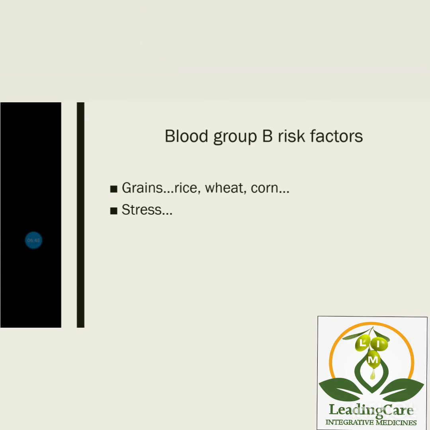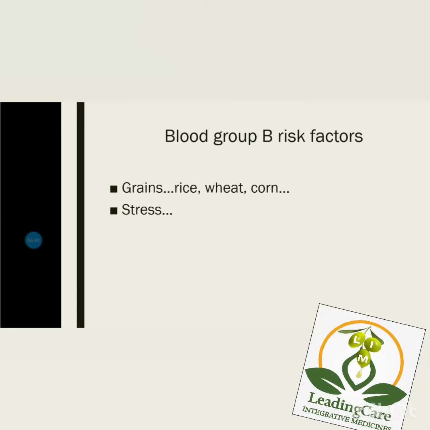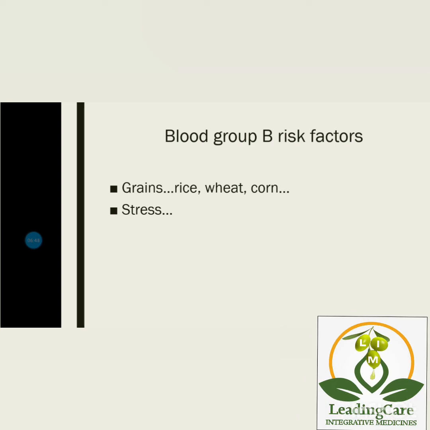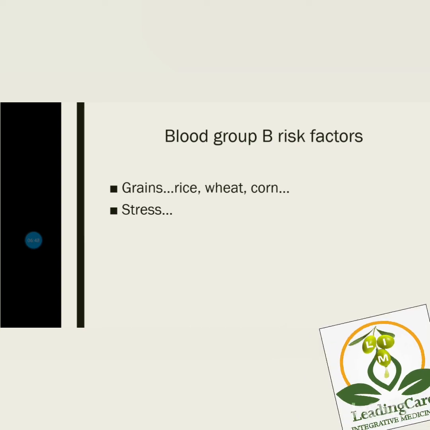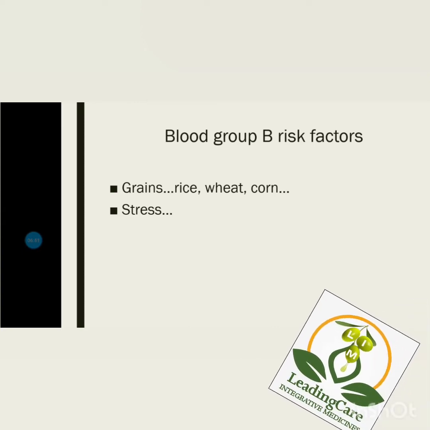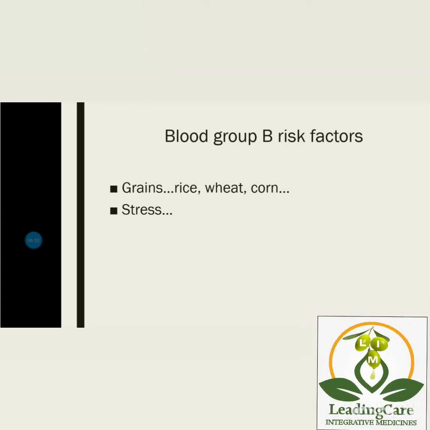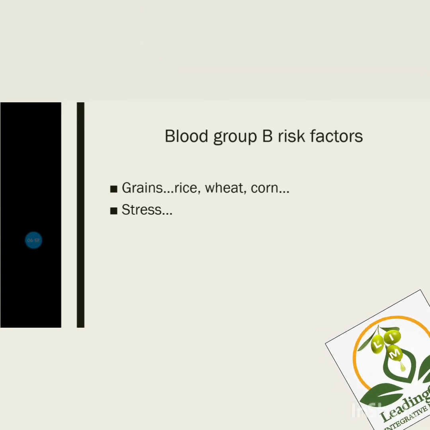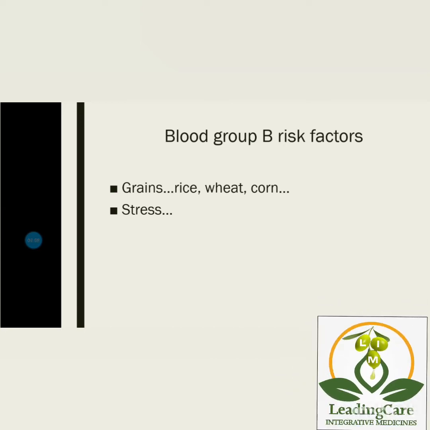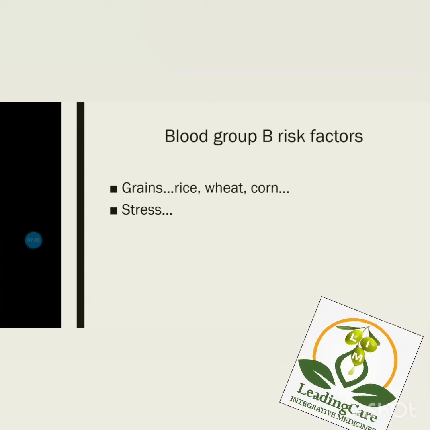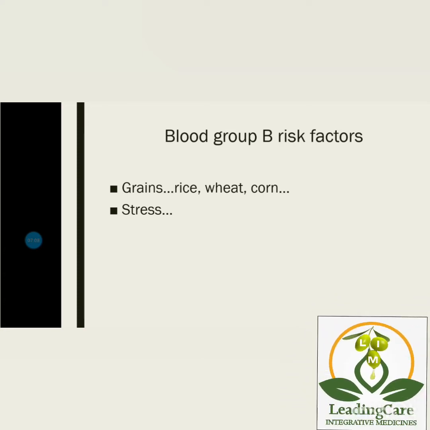They have a problem with food, especially grains. We are talking about corn, wheat, rice, sorghum. All products that contain any of these, any blood group B should avoid.